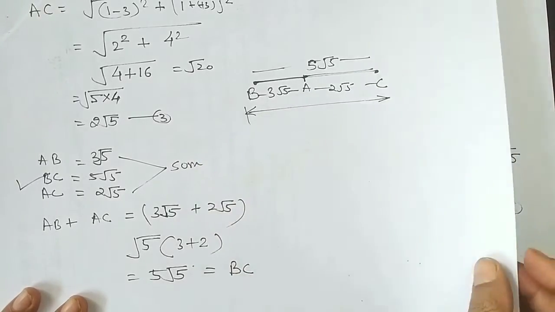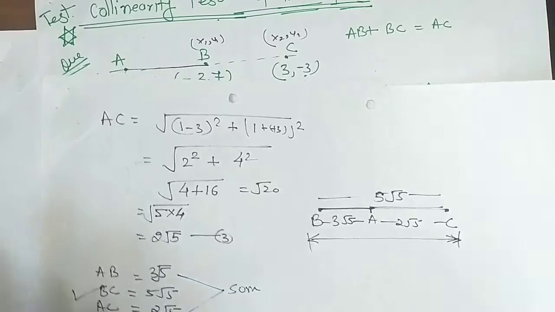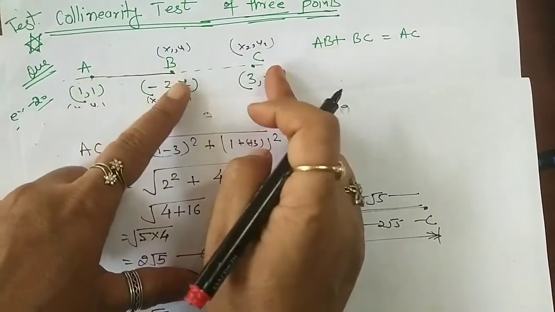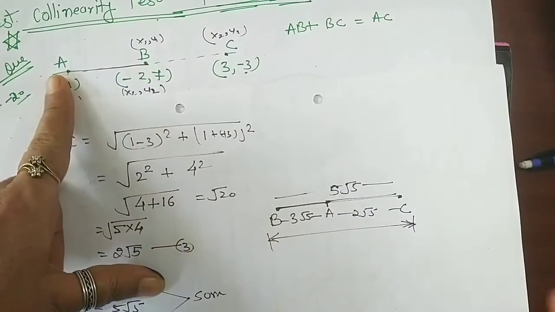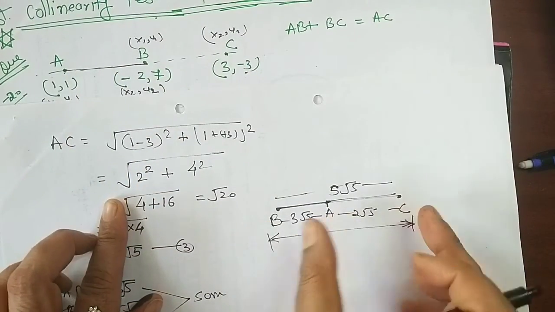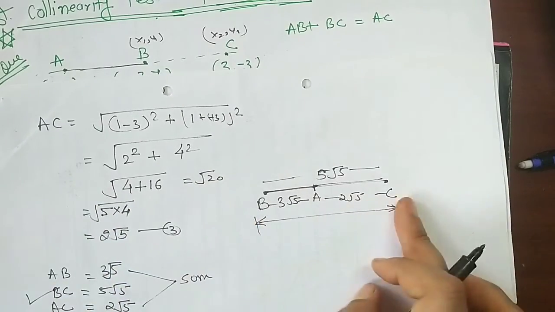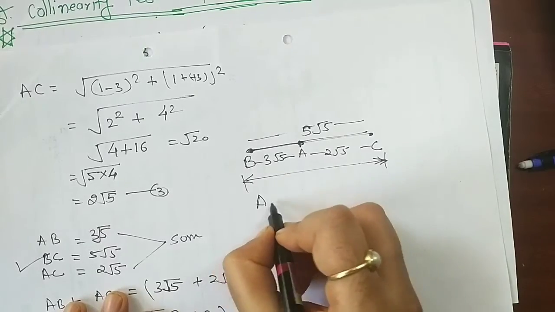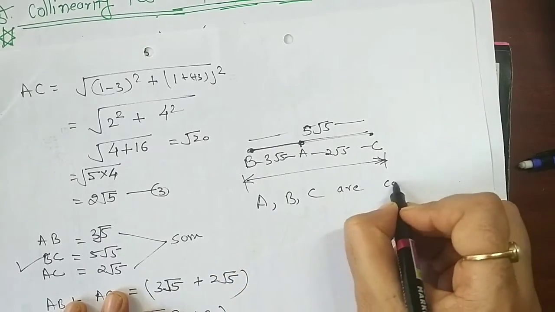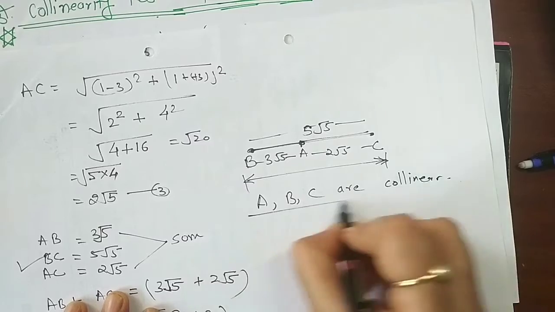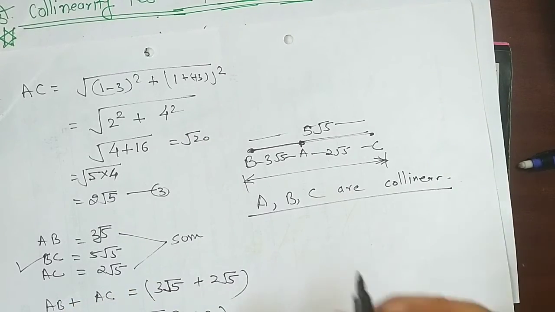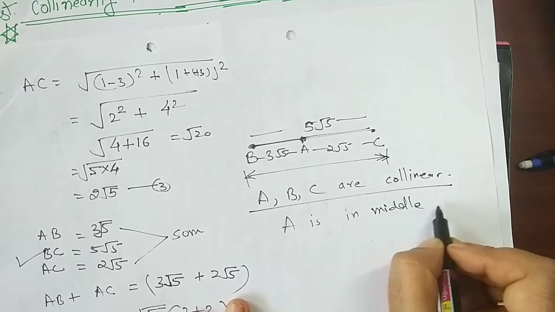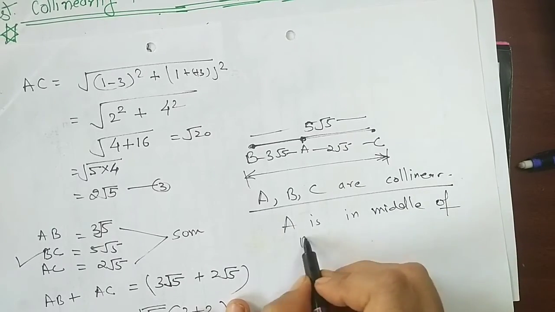So actually what I had assumed, the diagram was not correct, but it helped me to find out the distances AB, then BC, then AC. Finally, I realized actually AB plus AC is BC. So that means all three are in the same line and A is somewhere in the middle. So you can say A, B, C are collinear. They are present in the same line and you can say A is in the middle of B and C.